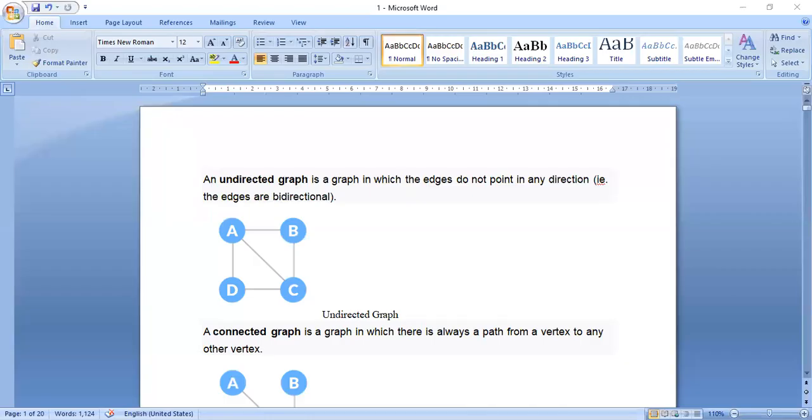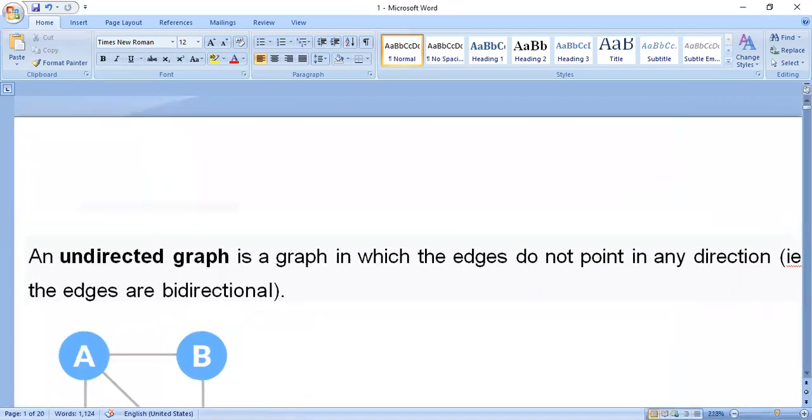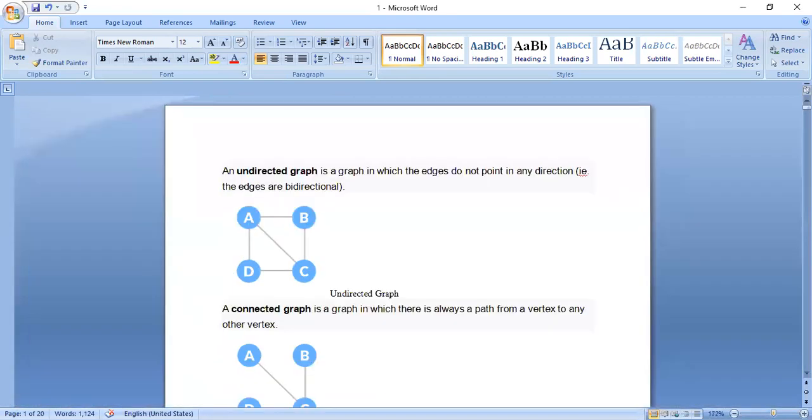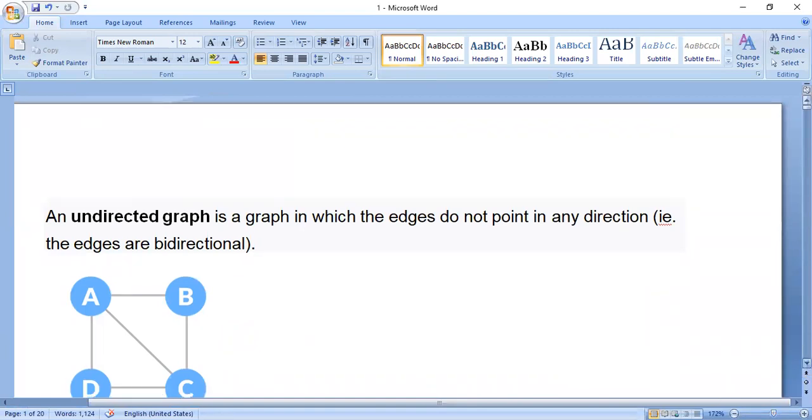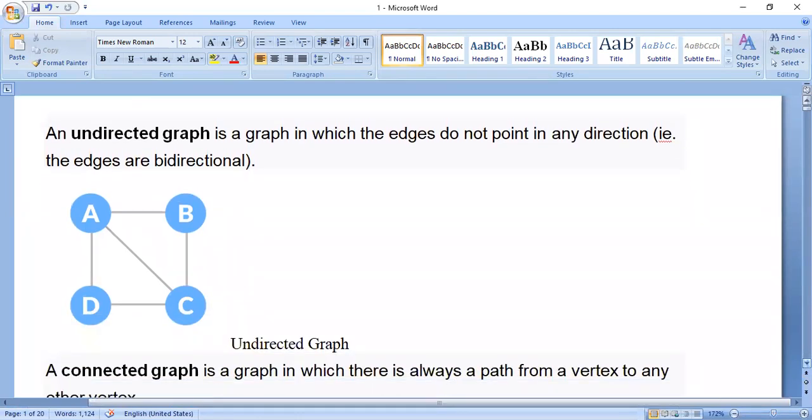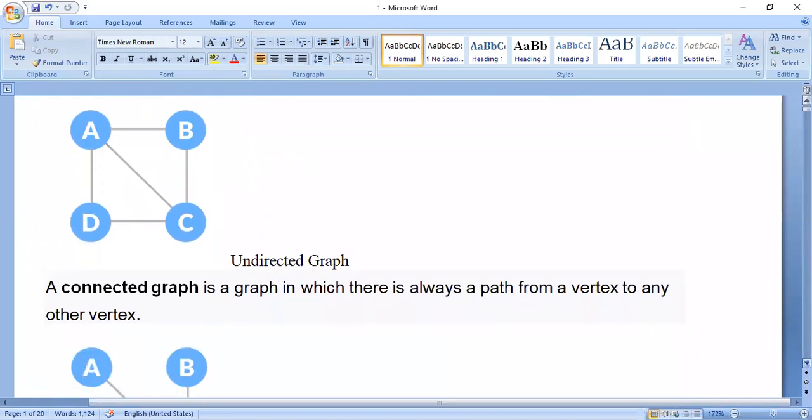If you take an undirected graph, you can see, for example, you have seen the screen now. Undirected graph. Okay, you can see the thing.